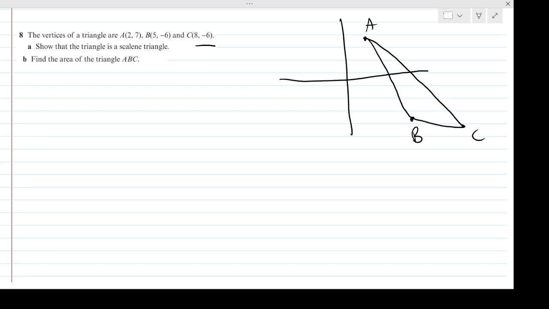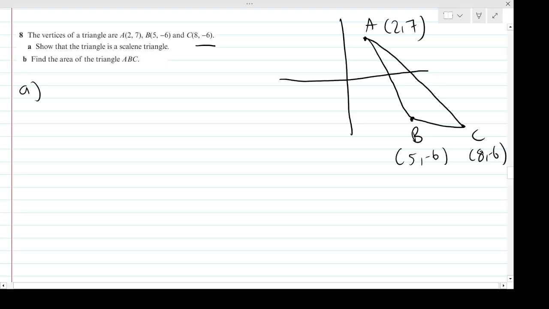So we need to firstly prove it's a scalene triangle. By the way, I should write the coordinates in as well. That will help. A is (2, 7), B is (5, -6), and C is (8, -6). It will come in handy. So proving it's a scalene triangle, you've probably not heard that very often. It doesn't come up very often.